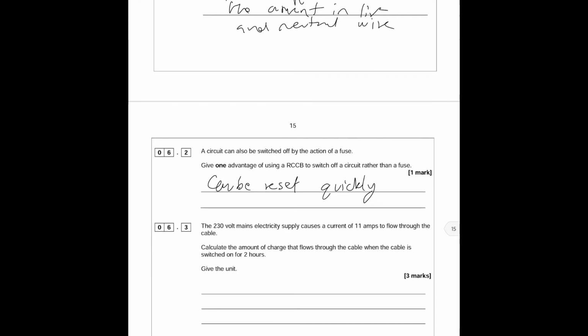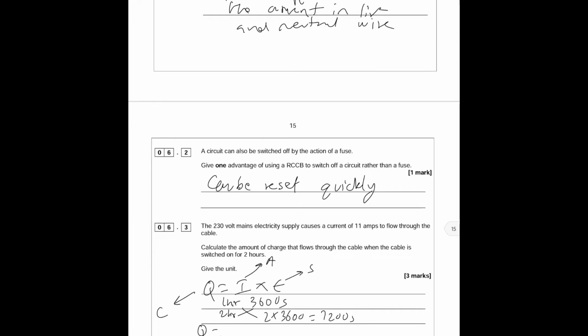The 230 volts mains electricity supply causes a current of 11 amps to flow through the cable. Calculate the amount of charge that flows through the cable when the cable is switched on for 2 hours. So you have to use the formula where the charge flow is equal to the current times the time in seconds, current in amps, charge flow in coulombs. Okay, so we have 1 hour is equal to 3,600 seconds. So 2 hours, you just multiply: 2 times 3600 is equal to 7,200 seconds.